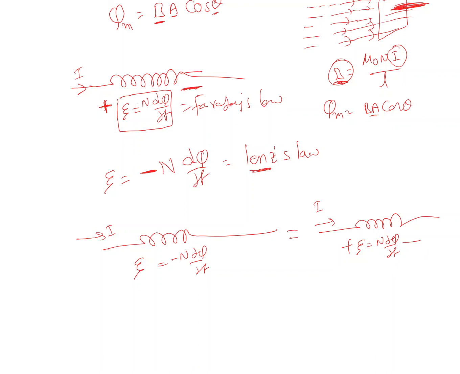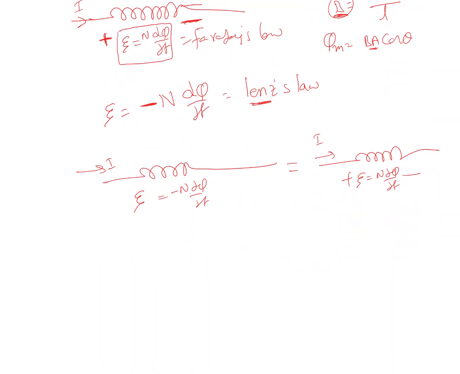That's about self-inductance. Now this E, I can write as N times d phi by di, times di by dt.